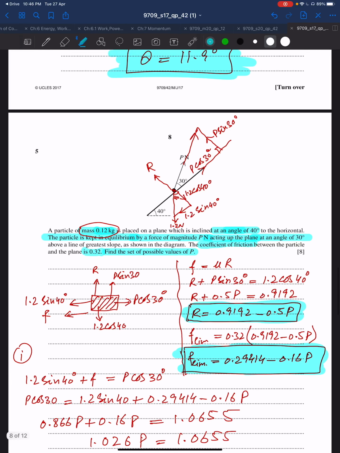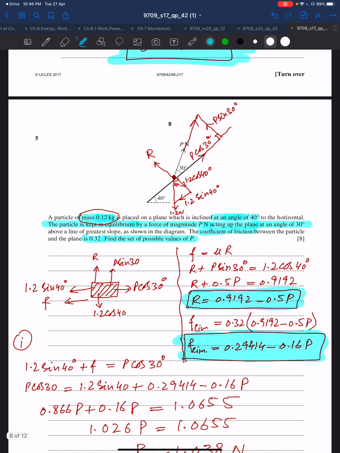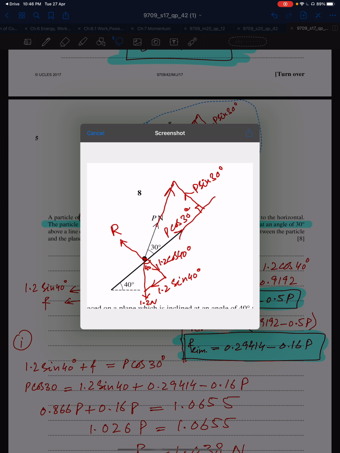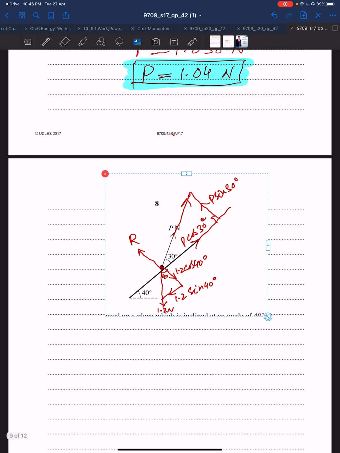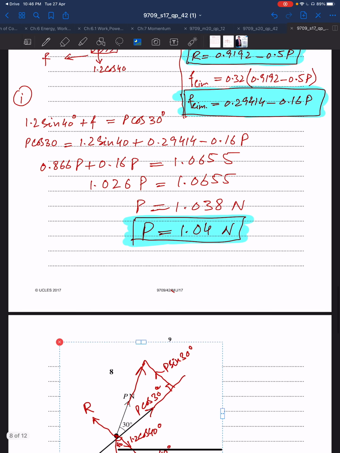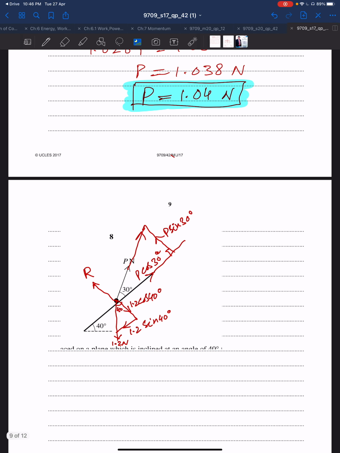Okay, in the second condition, I'll let you understand. In the second condition, the force is too little, so the object is at the point that if it is lessened a little bit more, it will move downwards.